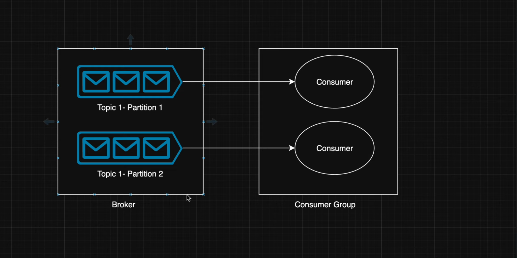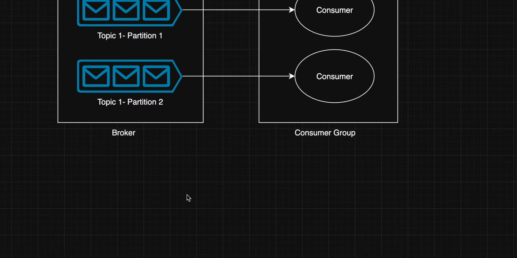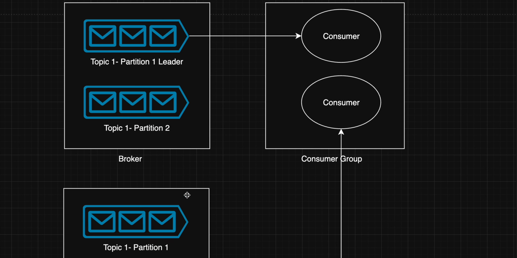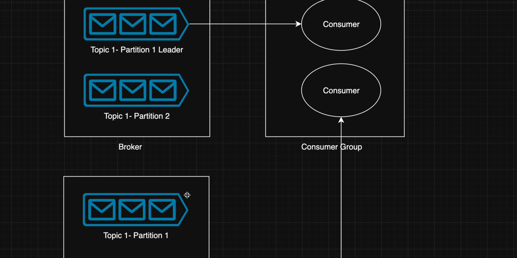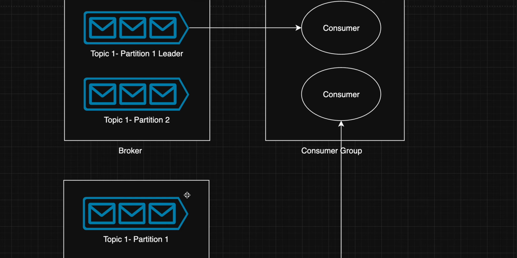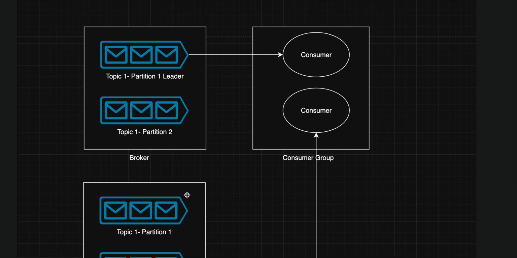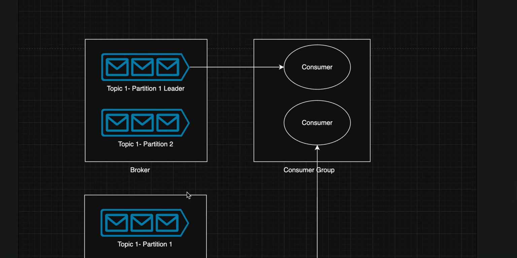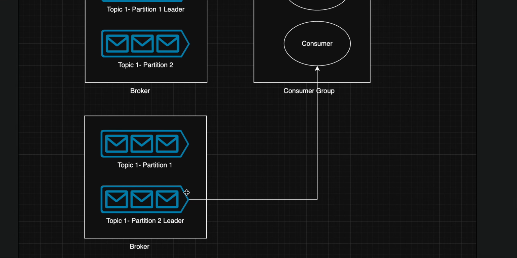We can have different brokers, and the same partition's replication can be created inside a different broker, and we can have leader topic partitions and followers. I'll explain it in detail, don't worry. Let's suppose there are two brokers here, broker one and broker two.